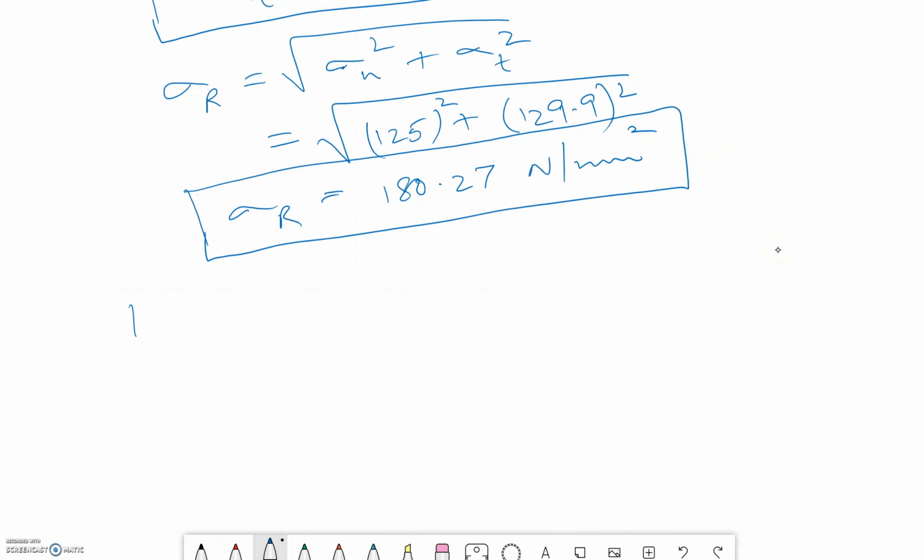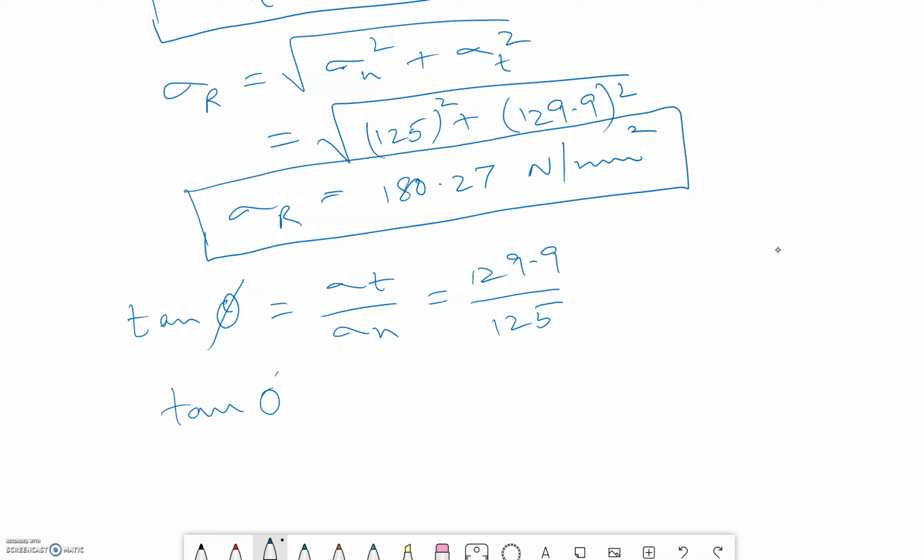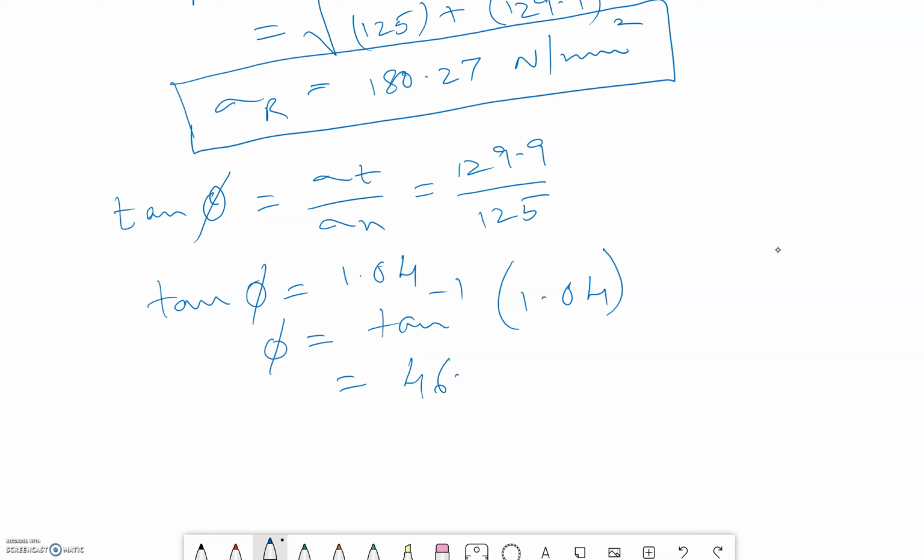Obliquity is nothing but tan phi equal to sigma t by sigma n, which is equal to 129.9 by 125. So tan phi is equal to 1.04, or phi is equal to tan inverse of 1.04, which will give you 46.6 degrees. This is your second answer.